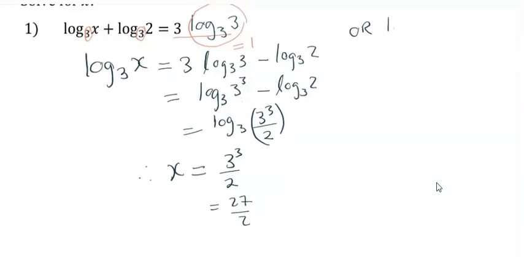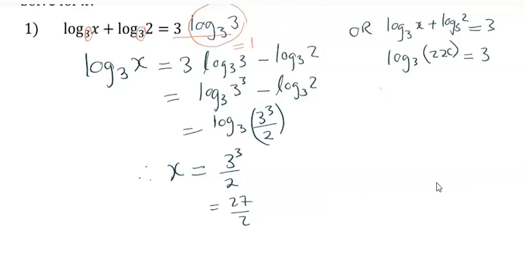We can just as well write the left hand side as log to the base of 3 of x plus log to the base of 3 of 2, which is equal to log base 3 of 2x, and on the right hand side I have the value of 3. To get rid of this on the right hand side, I would also need that same law again.